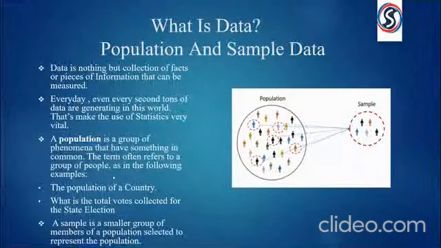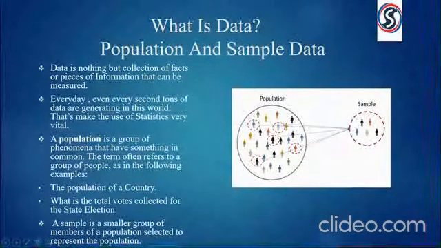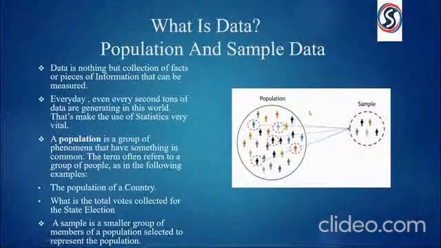And what is the sample data? A sample is a group of population data that is selected to represent the population. So this sample data represents the population data, right? Because we got the sample from this population data only. So this is completely about the population and the sample data.